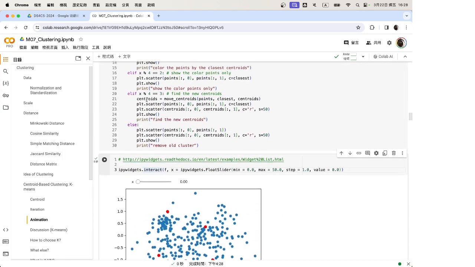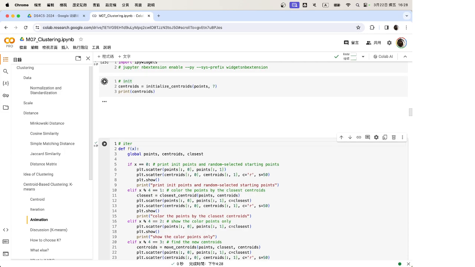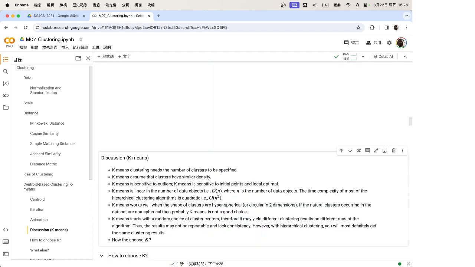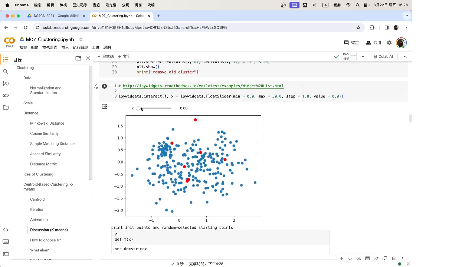So here we have data right here. The X right here, that is the step, okay? So step 0, that means we simply randomly select 7 different red points. For the next step, we color all the rest of the 143 data points by using the nearest red points, okay? So the color looks like this.